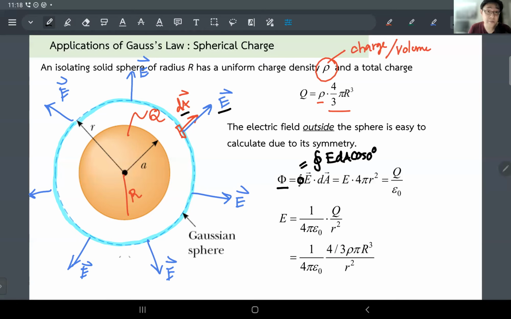And because E is supposed to have the same magnitude across this surface, I can pull it out from the integral. You only have the integral of dA left to integrate. And what is the integral of dA? It's just the spherical surface area, 4 pi r squared. I put it back in here. Done. That's the total amount of flux through this Gaussian sphere. Cool?